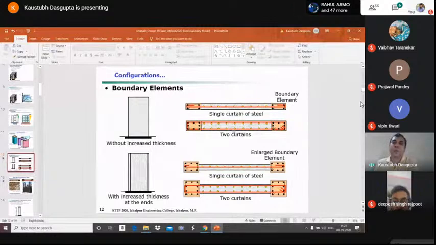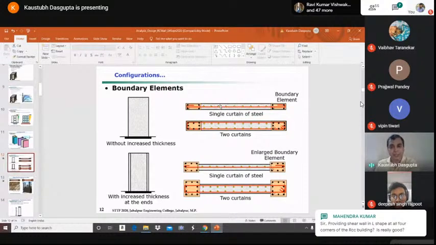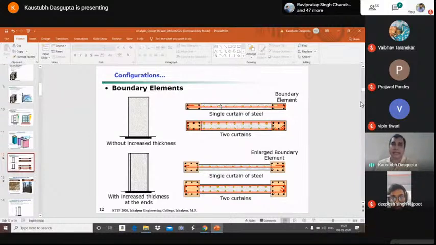Now, if you have a single layer, it is prescribed to have a minimum thickness of 150 millimeter. That is prescribed in Indian Code IS 13920 and in other guidelines as well.